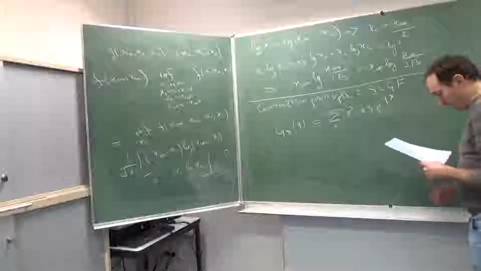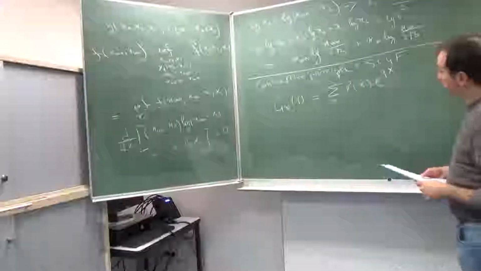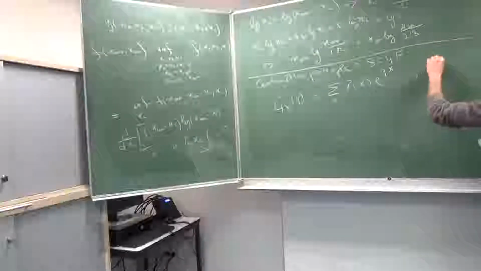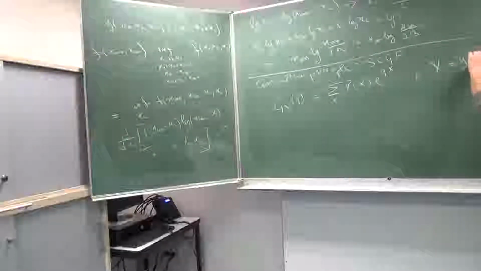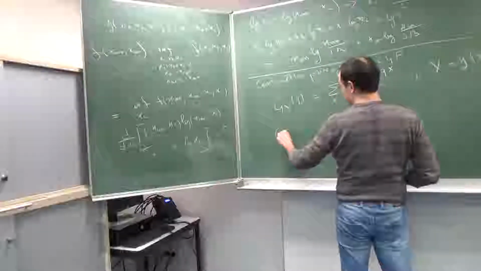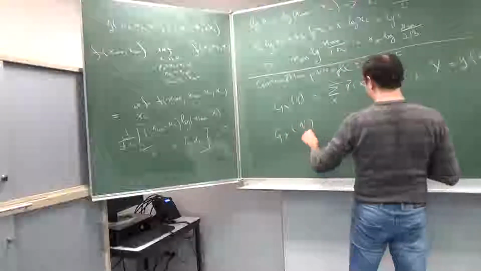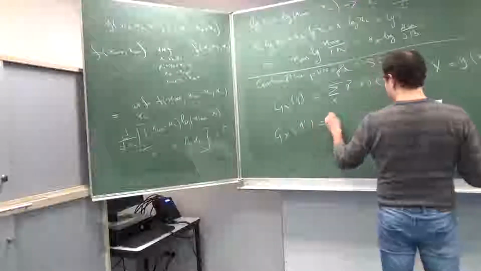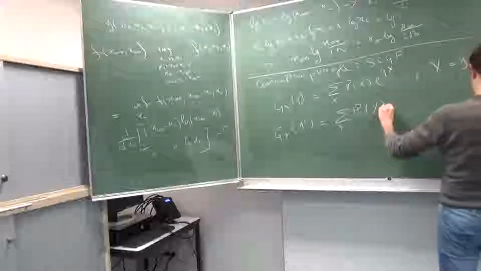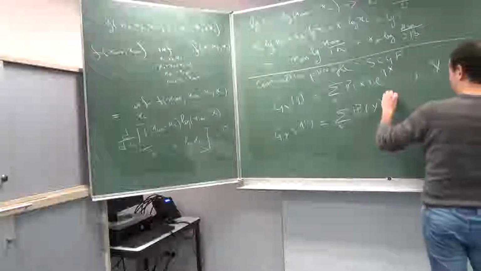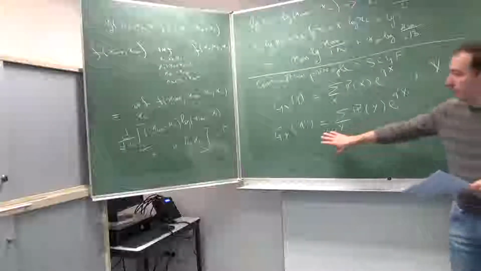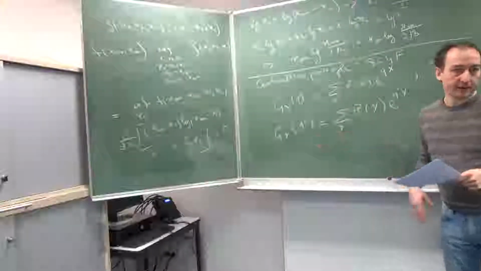Now we have a new function y of x, and we want to find G_y of a new parameter, let's call it q prime, equal to the sum over y of probability of y, e to the q prime y. We want to see if we can write G_y in terms of G_x.